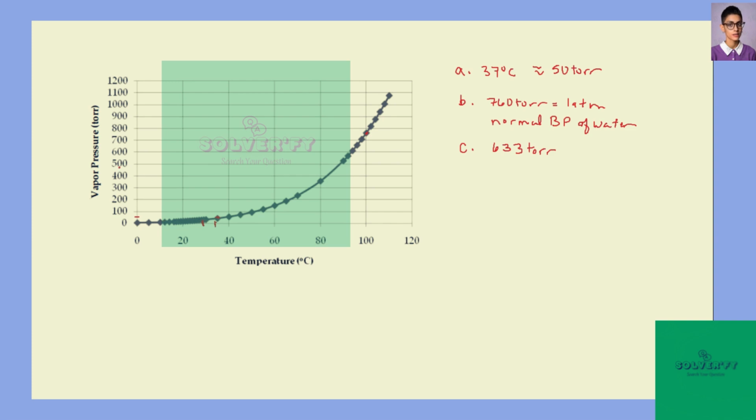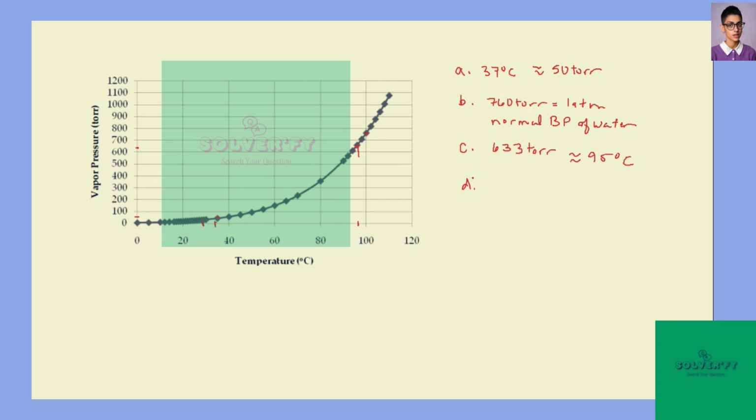And so if we come to, instead of at normal pressure at 760 torr, they are at 633 torr. So they're somewhere about a third of the way between 600 and 700. So we're looking here, and if we come down, somewhere in here, we're at approximately 95 degrees Celsius for the boiling point at that pressure.